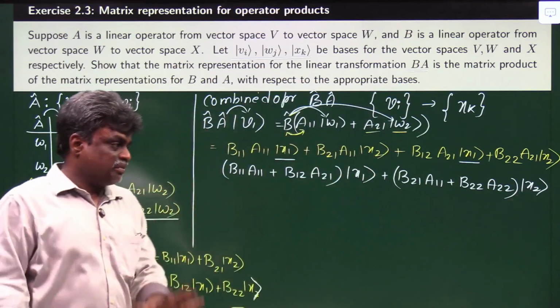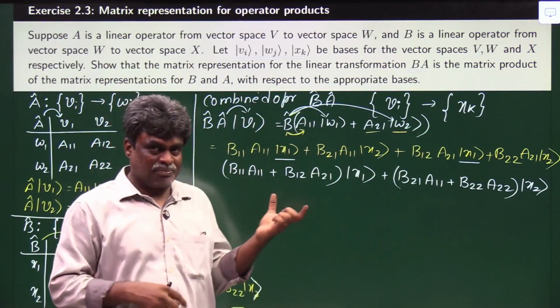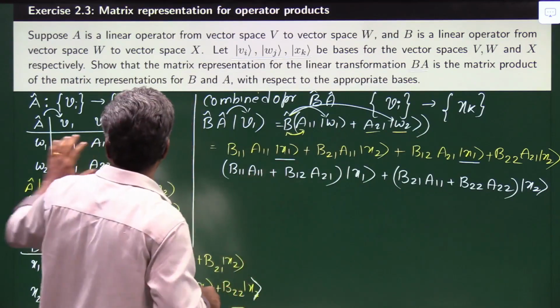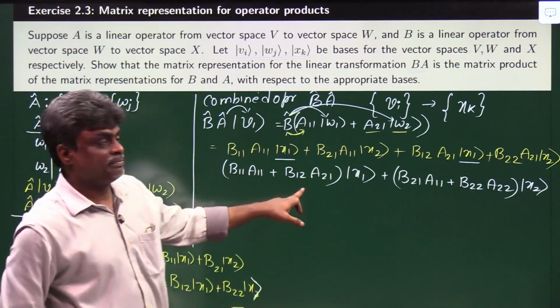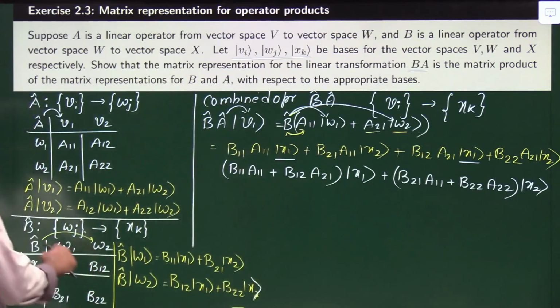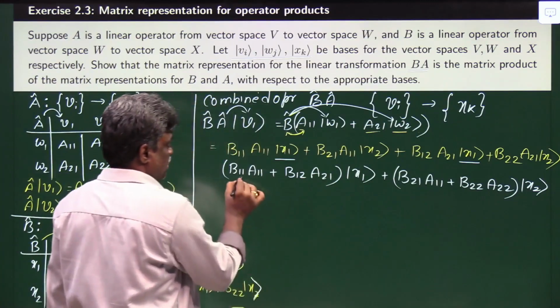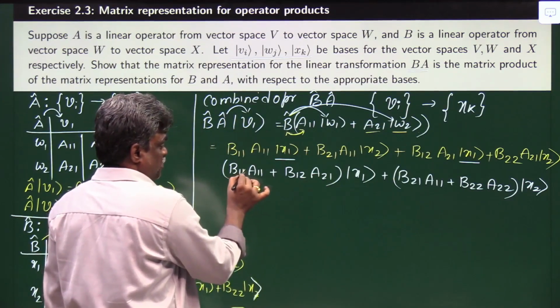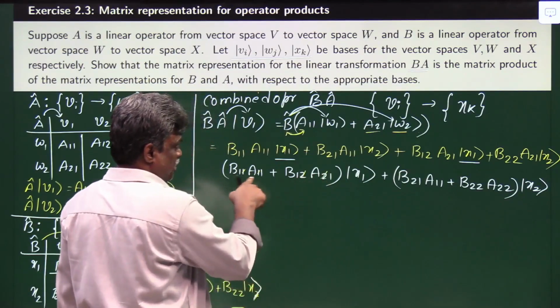Now if you observe carefully, so what is this? This is the first element of BA. Whenever this matrix B is multiplied with A, you will get this row and column: B11, A11 plus B12, A21. And similarly this one is again the same thing. Okay, so here we can write like this also. If you observe carefully, this 1 1 row and column, you got 1 1.